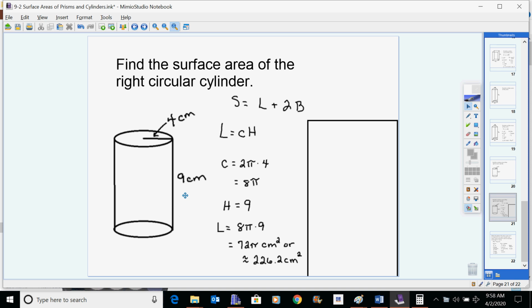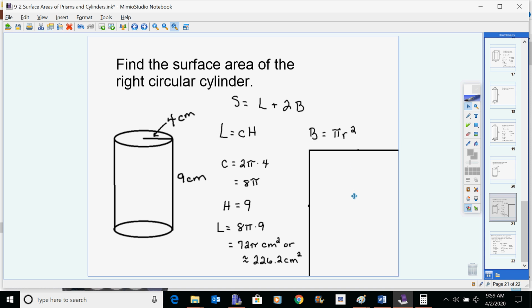That's great, but we can't forget to include our bases. Now our bases, the area of a circle, because we've got a circle on the top and a circle on the bottom, is pi r squared. So when you're trying to use pi r squared, your radius is 4.